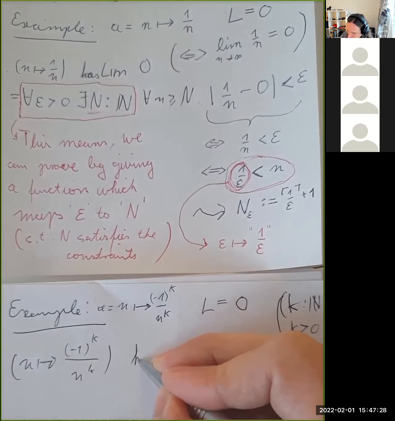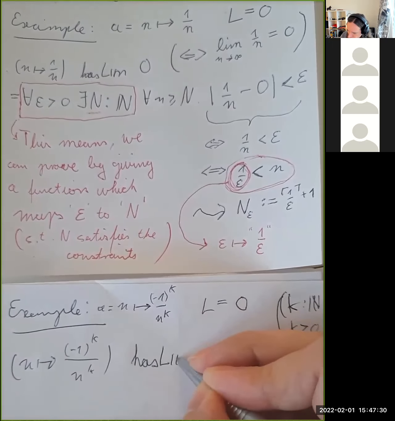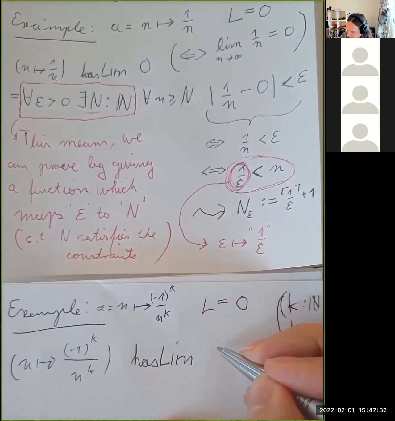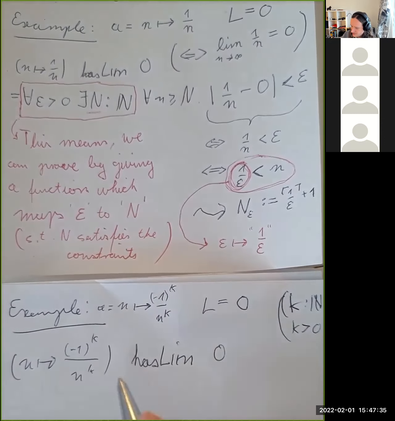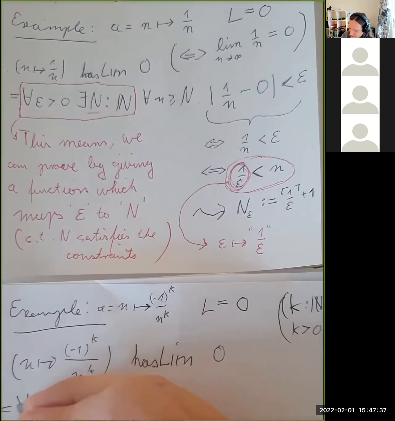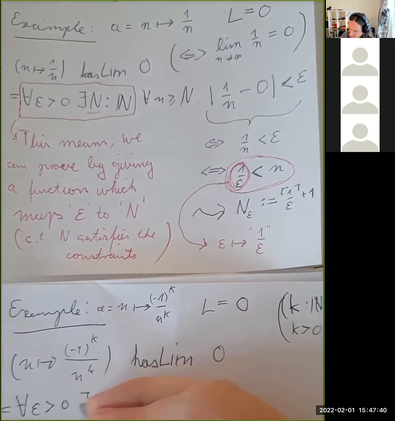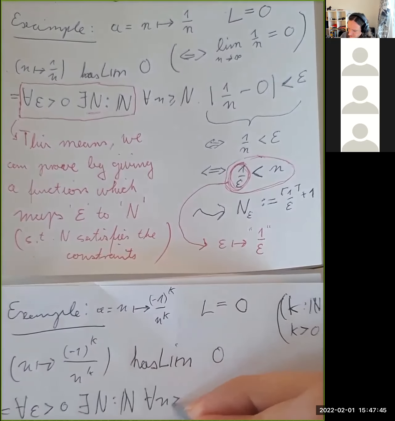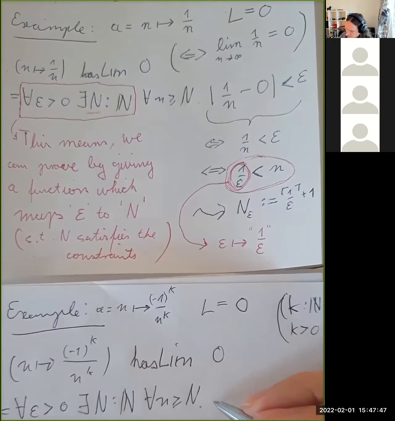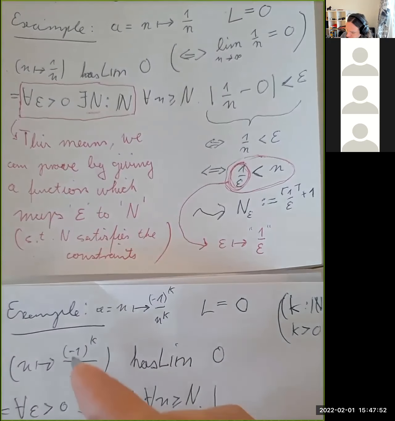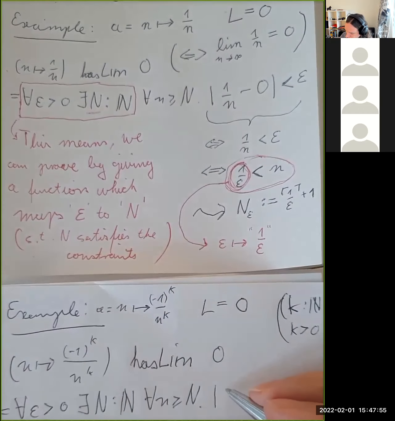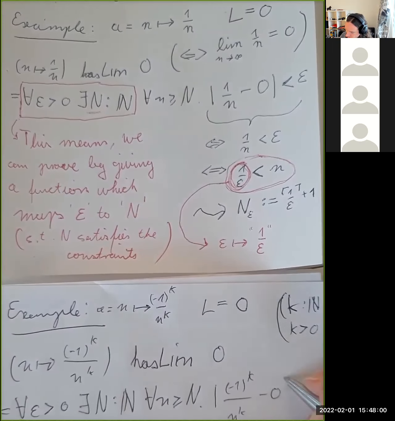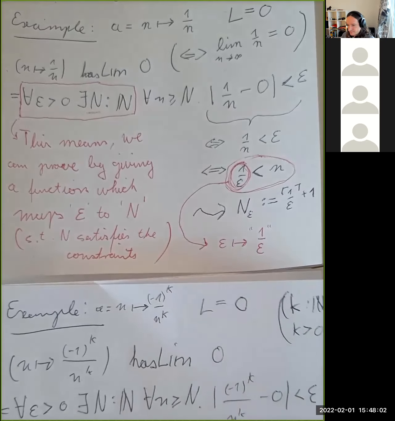So we want to show the proposition has limit 0, and this is for all epsilon there exists a capital N such that for all little n greater or equal to N, the distance from the sequence to the limit, so I plug it in as last time, is smaller than epsilon.